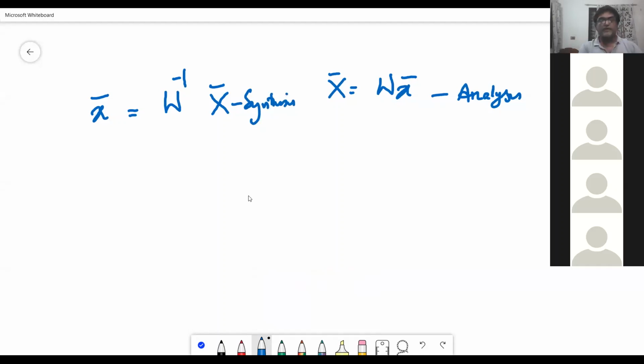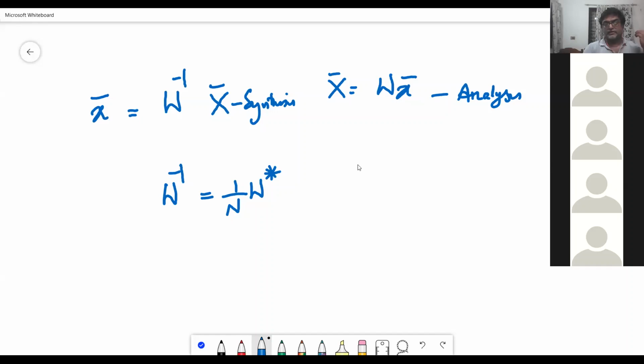Synthesis equation. So now, if I look at the expansions for the analysis equation and synthesis equation, it's very evident that you should be able to write W inverse equal to 1 by n into W conjugate. Can you understand this? Can you identify how we have written this?